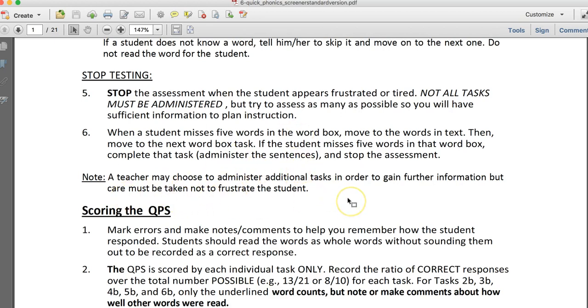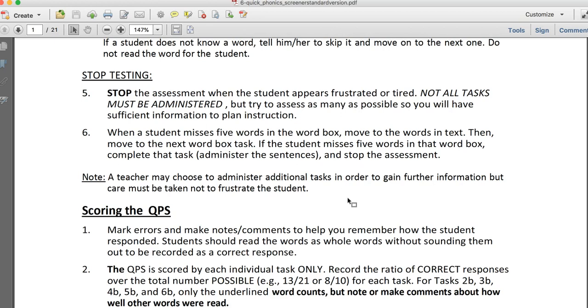It is important to note that as a teacher or as the assessor, you could choose to continue and administer the additional tasks to gain further information, because we know, especially with dyslexic students, that there are holes in their learning, or gaps.